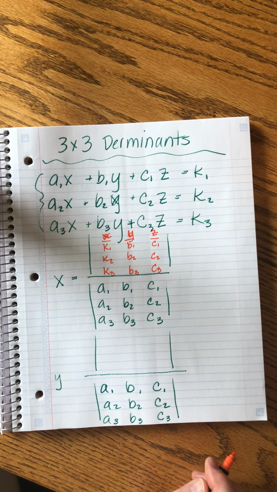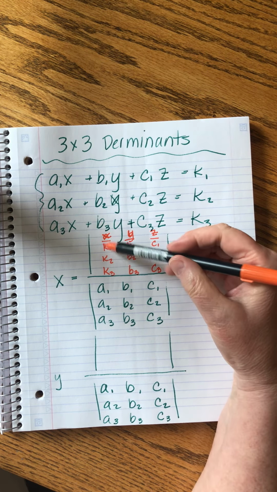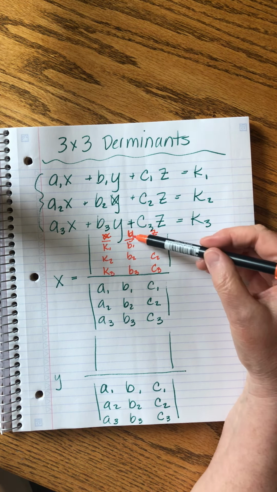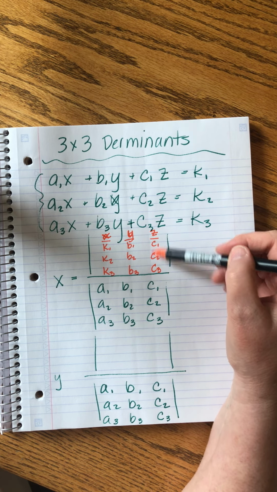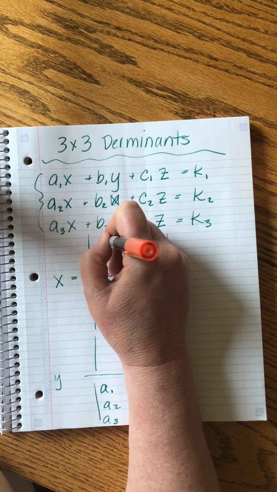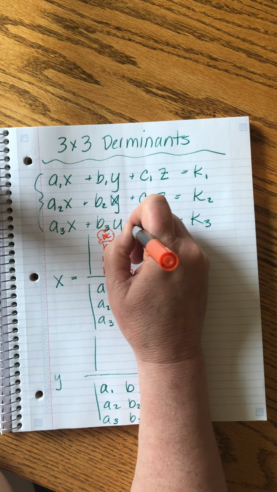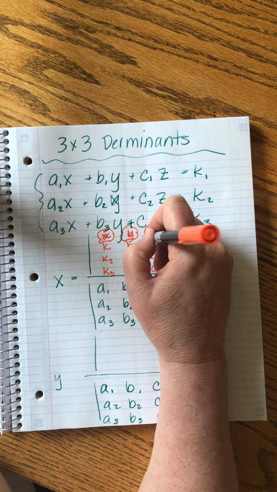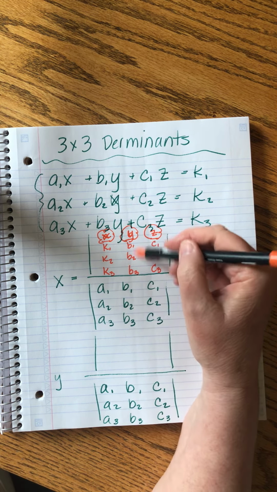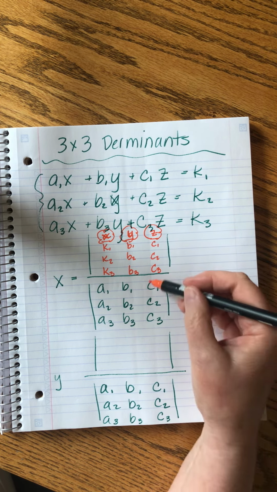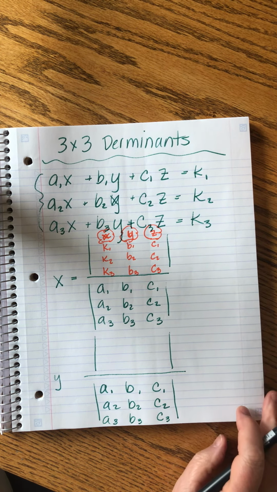Let me double check and make sure I did not do anything ridiculous. Yep, the K's are in the first place. The B's, these are just our column headings. They're not part of the matrix, okay? That's just to help us keep track of what we're doing. This is the matrix. And then solving that, we would get a fraction, and then that would be our answer.